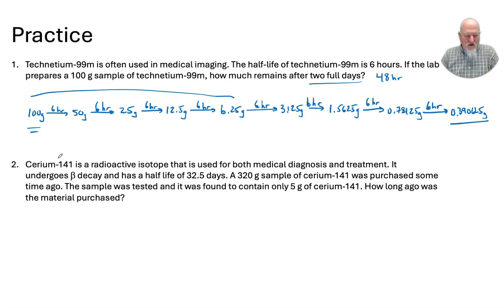All right, question 2. Cerium-141 is a radioactive isotope that is used for both medical diagnosis and treatment. It undergoes beta decay, so that means it produces beta particles when it decays, and it has a half-life of 32.5 days.